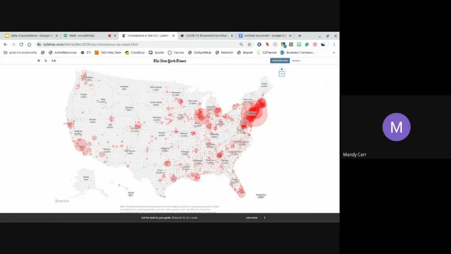But we can also tell that Chicago, that's in this area, had a lot of cases. Los Angeles had a lot of cases. Detroit, that area right in there, had a lot of cases.